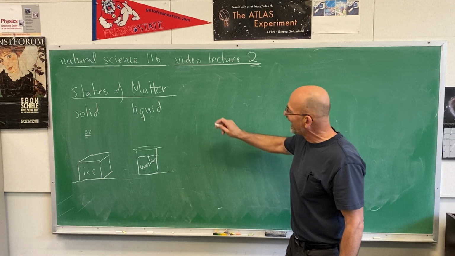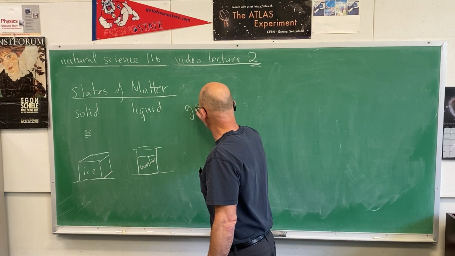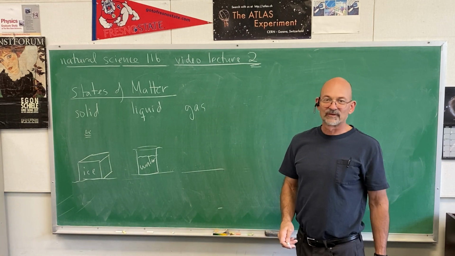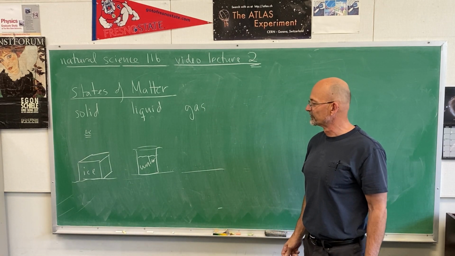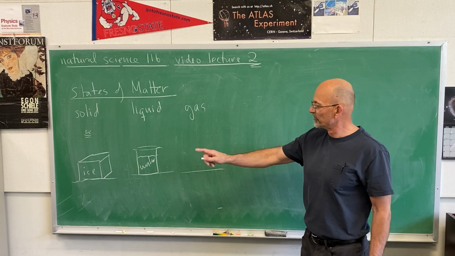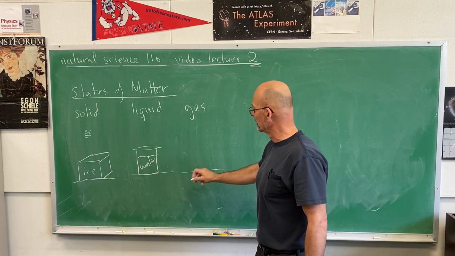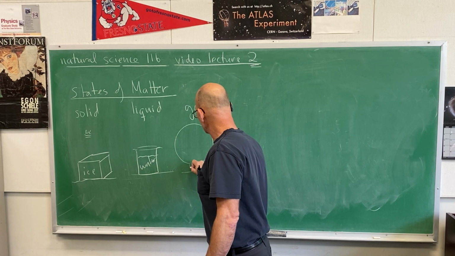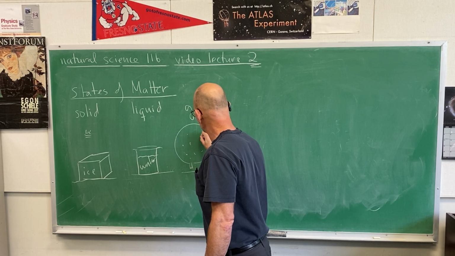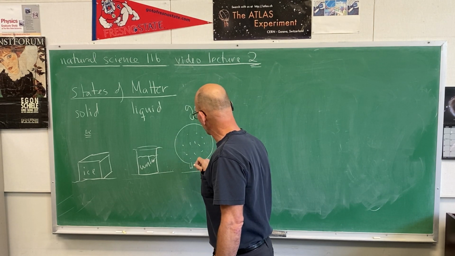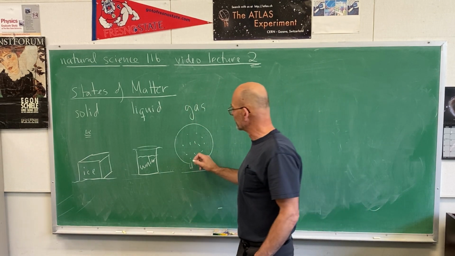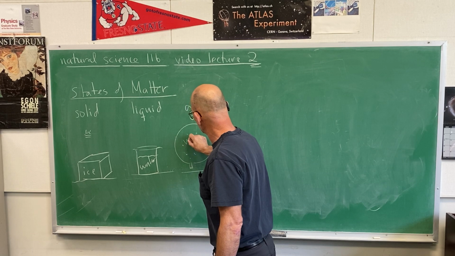And then the gaseous state. How do I draw gas for water, going from ice to liquid water? Maybe we'll just say we have a balloon here. There's a balloon, and there's the gas. So that would be water vapor, if you will.